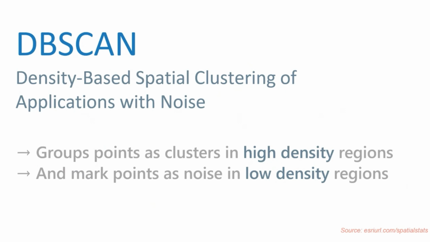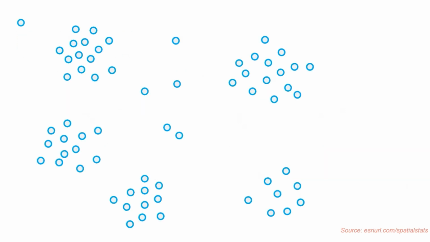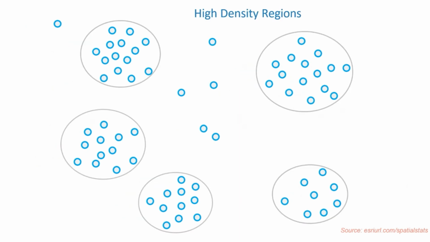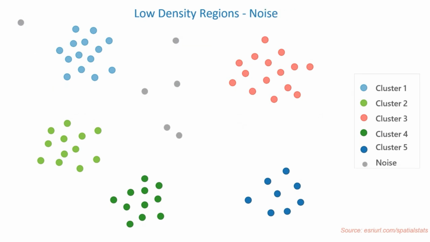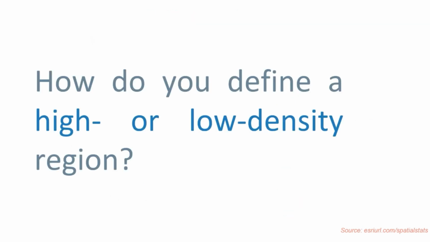So here it is all about the density. So let us assume these are your point features and all the high density regions will be clustered and all the low density regions will be marked as noise. So here, instead of neighborhood, we are talking about density.